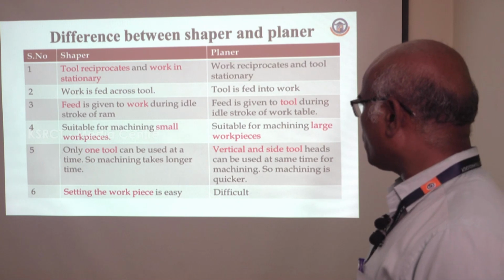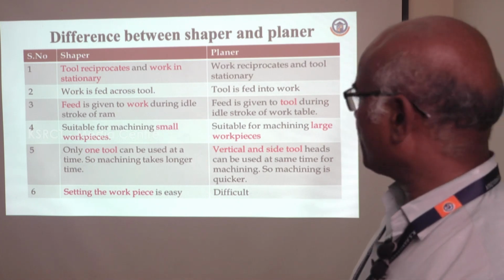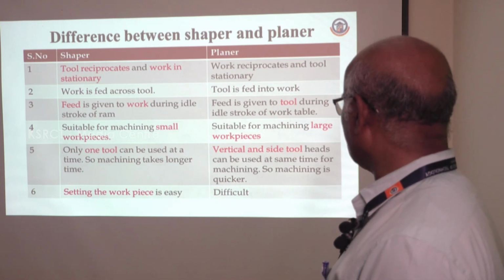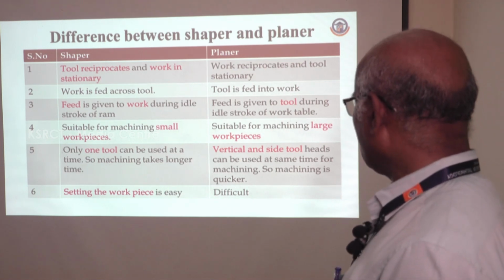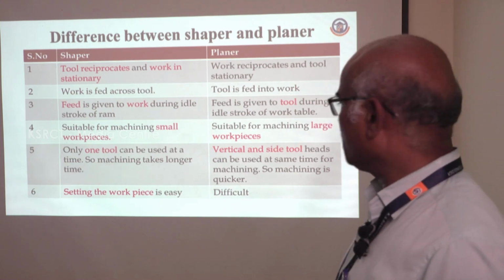In a shaping machine only one tool can be used at a time, so the machining takes longer, but in the planing machine the vertical and side tool heads can be used at the same time, so the machining time is quicker.